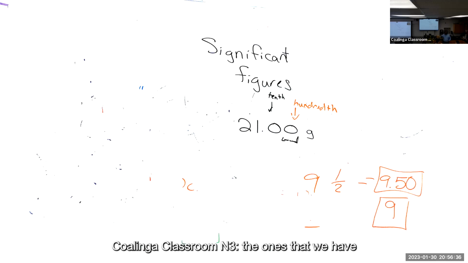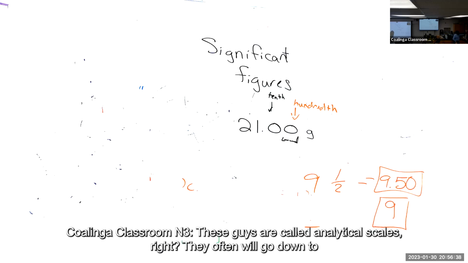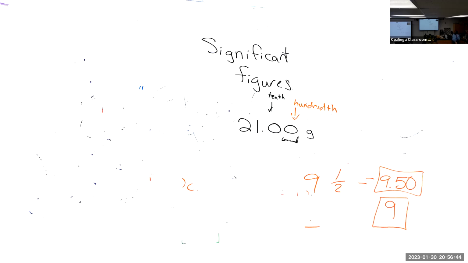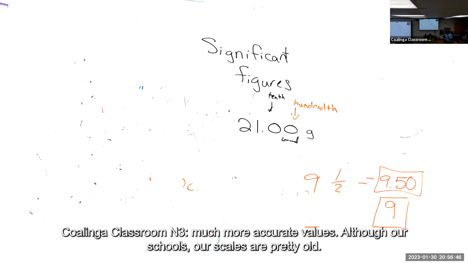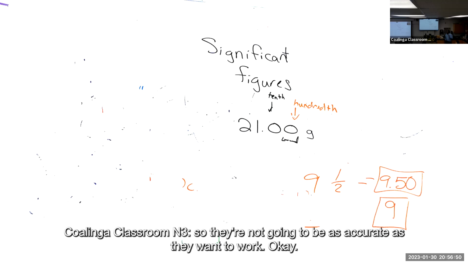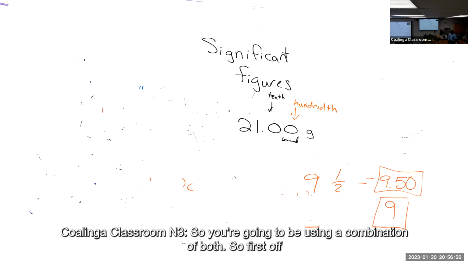The ones that we have over here are called analytical scales. They often will go down to much more accurate values, although our scales are pretty old, so they're not going to be as accurate as they once were. So you're going to be using a combination of both.